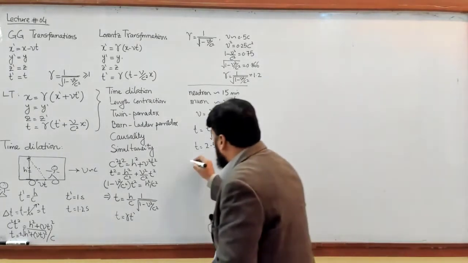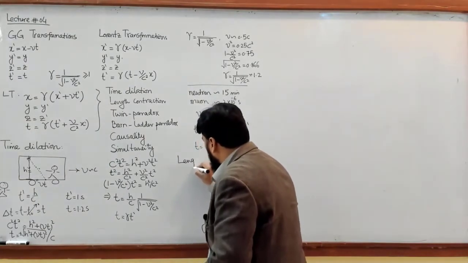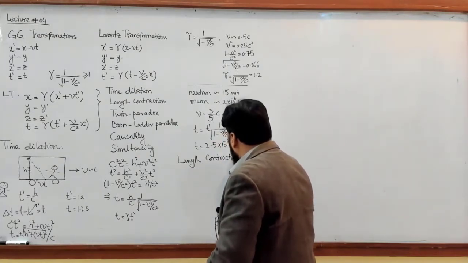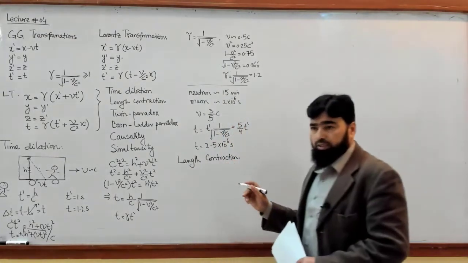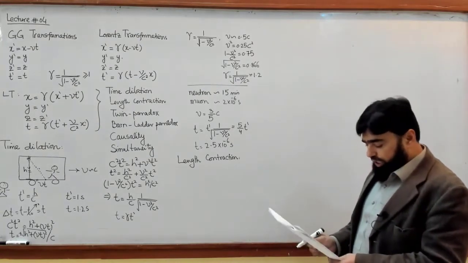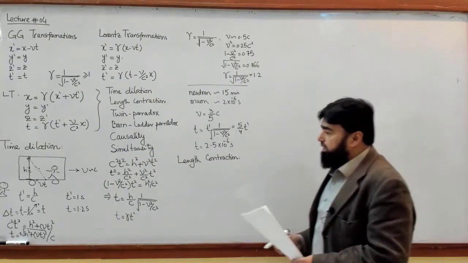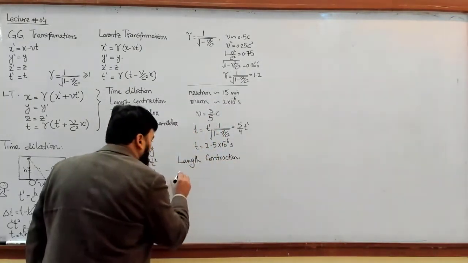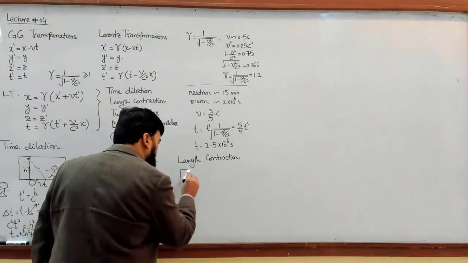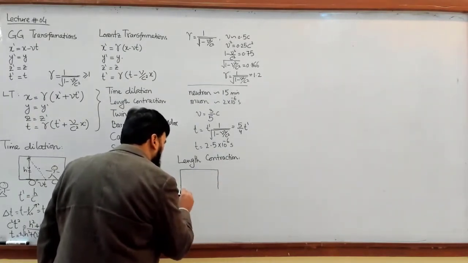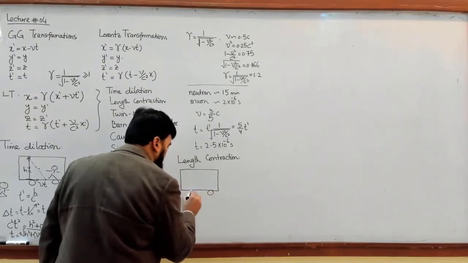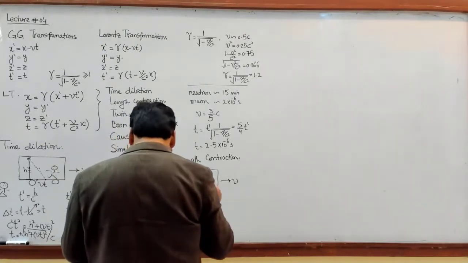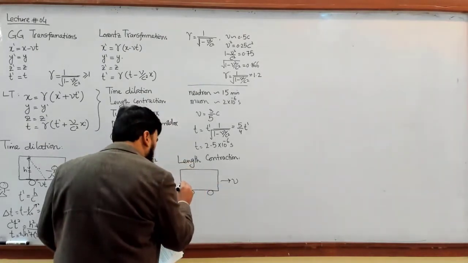So now, starting with the length contraction, meaning the contraction of space, for that we again consider a box like that. Let's say we have a box which is moving at a certain speed close to the speed of light in this direction with speed v, and we have the laser here.